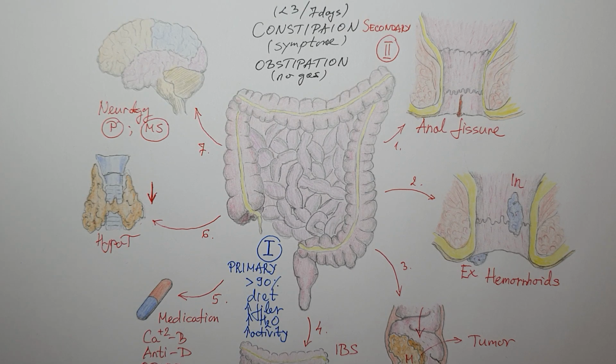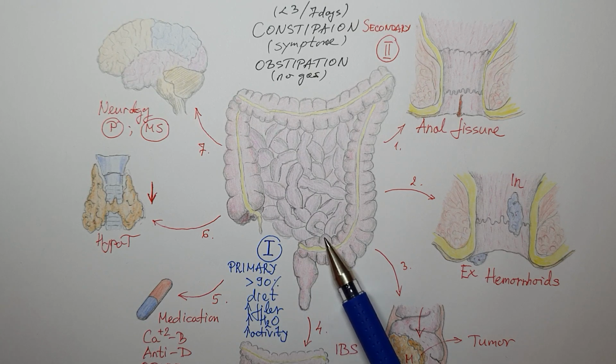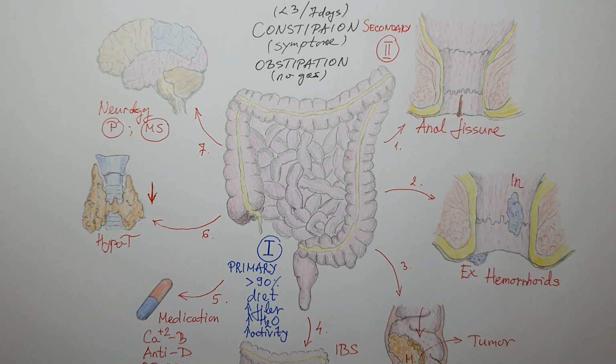So in order to recap this, it is good for us that most constipation actually arises from our lifestyle and our lifestyle problems, and it is easily solvable. But there are also many secondary causes, and I have not addressed all of them.